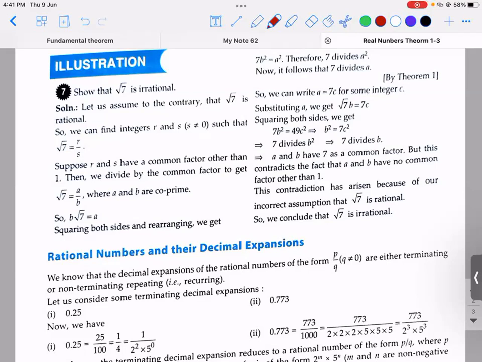A square is equal to 7B square. A is a multiple of 7, so A is equal to 7.